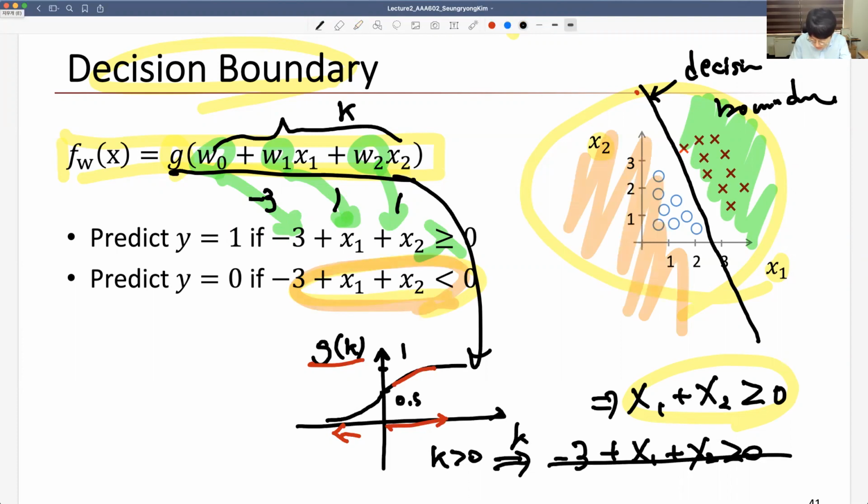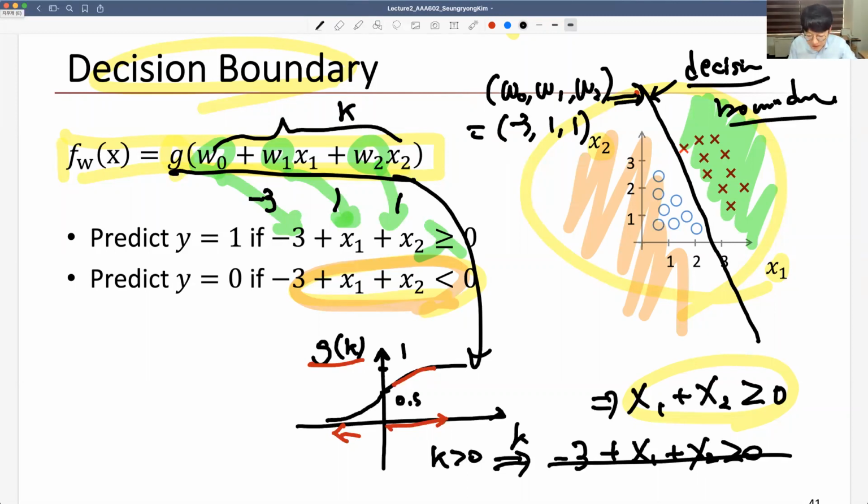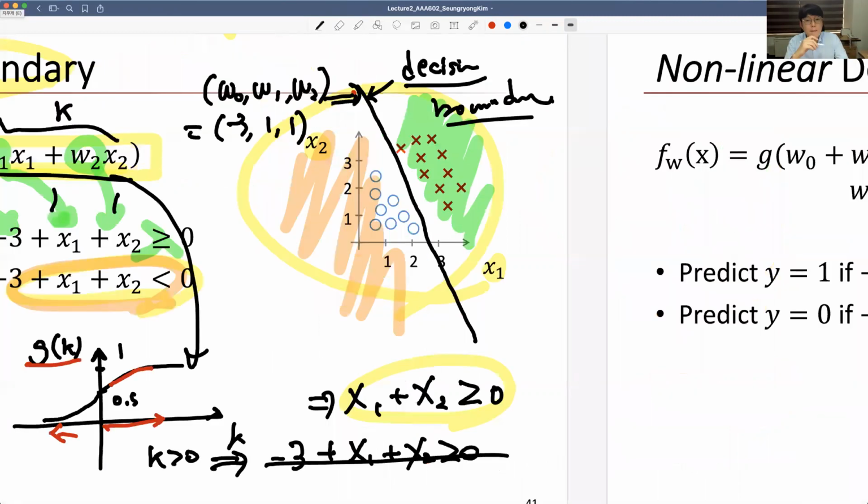In here, this decision boundary is determined by W0, W1, and W2, in this case -3, 1, 1, right? So to summarize, the decision boundary is determined by the learnable parameter W, similar to the regression problem. Okay, so this is the concept of the decision boundary.